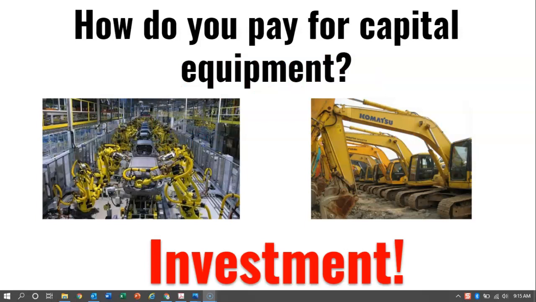We start with the recognition that business provides capital equipment for itself through investment. In order for the economy to grow, in order for supply to increase, in order for firms to produce goods and services for people, they rely on capital equipment.